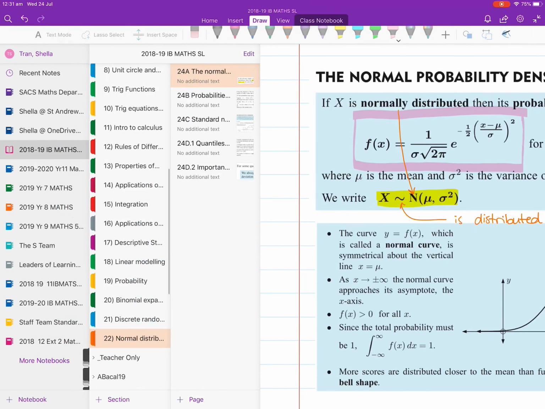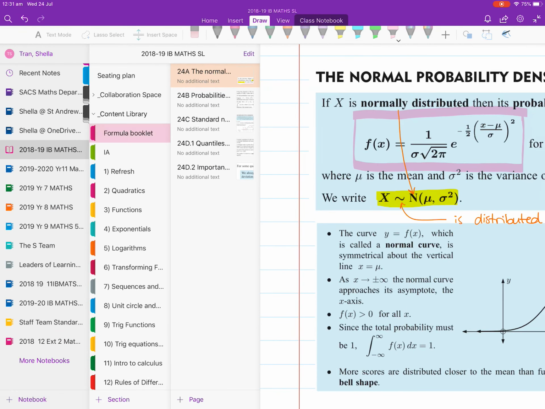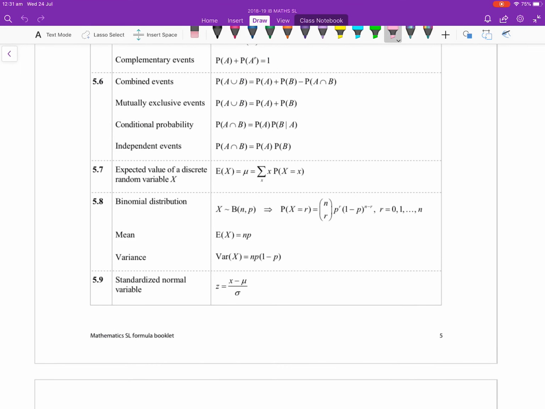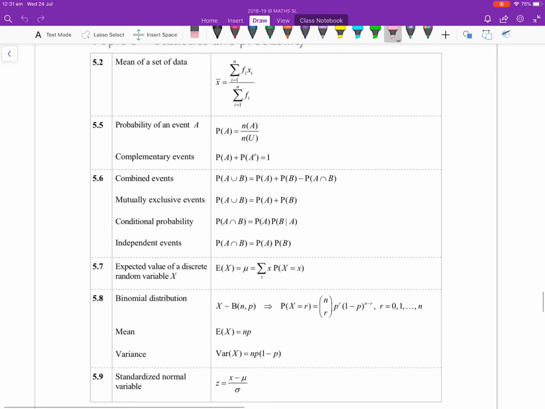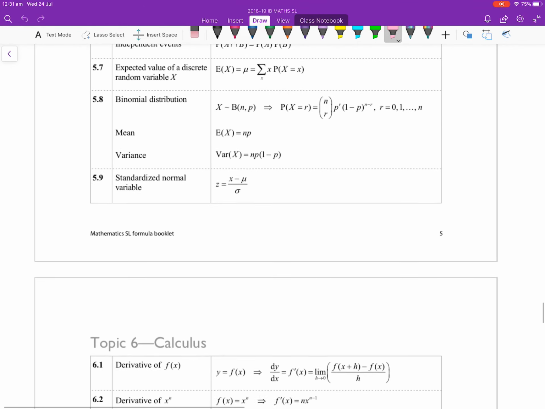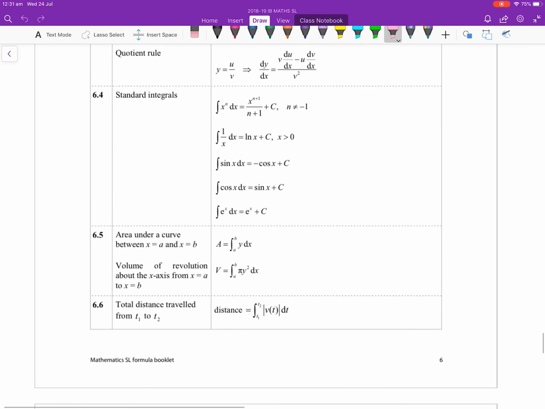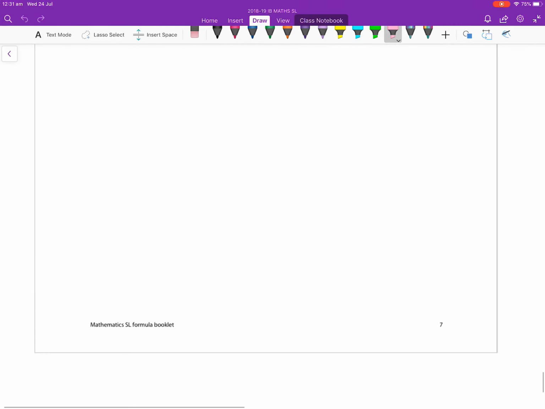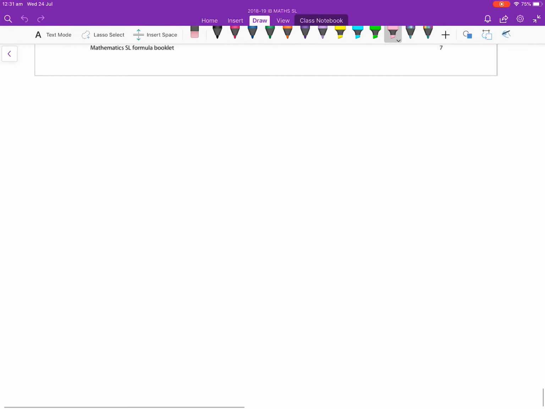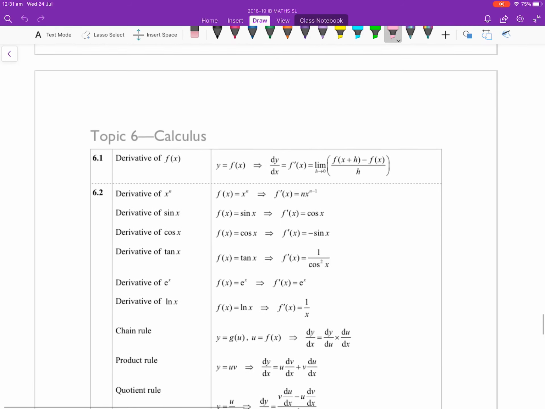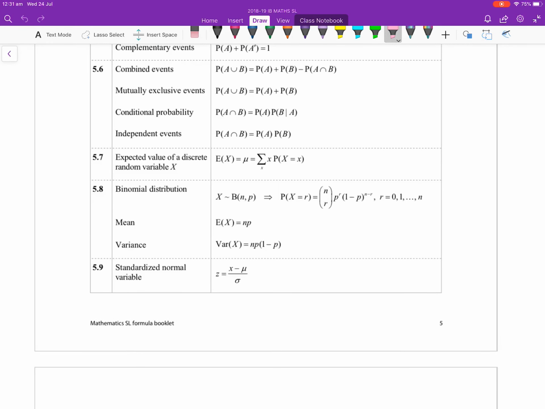Let's have a quick look at our formula booklet, actually, to see if this is in our formula booklet. It might not be. This one here we're going to come across later in this chapter.